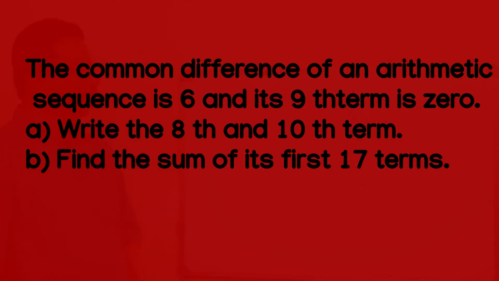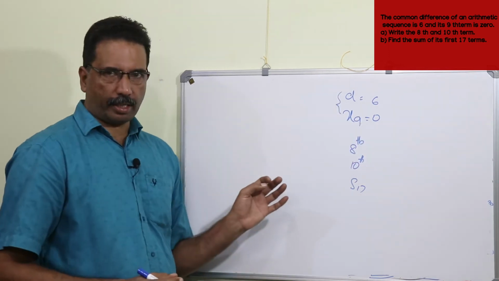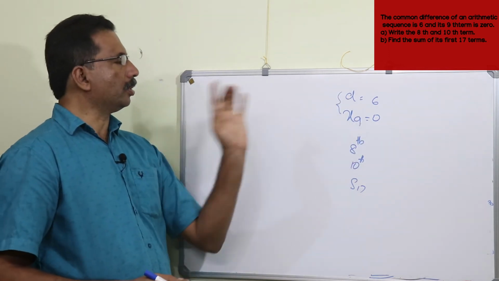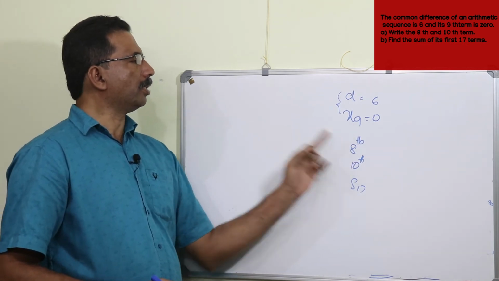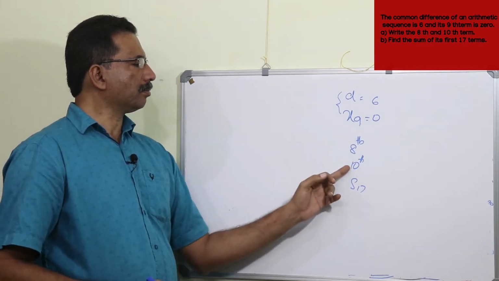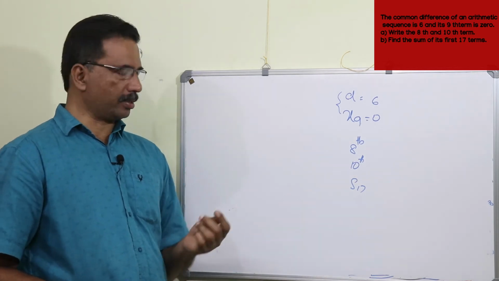Next question, pay attention. In an arithmetic sequence, the common difference is 6. It is given that the common difference is 6, and the ninth term, x9, is equal to 0. These two things are given. We have to find out the 8th term, the 10th term, and also the sum of the first 17 terms.